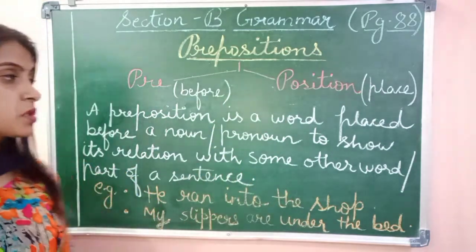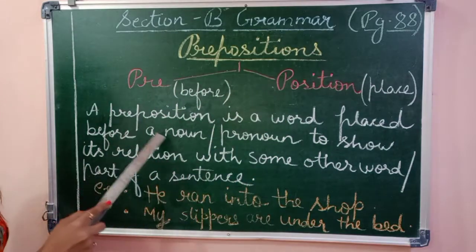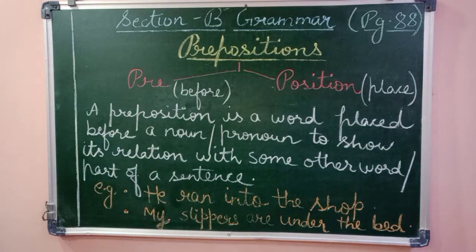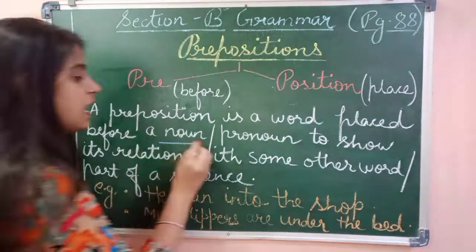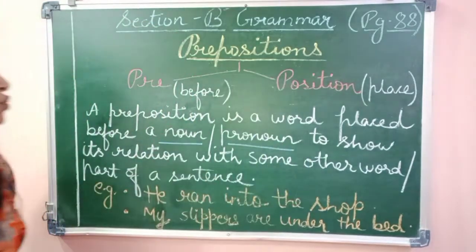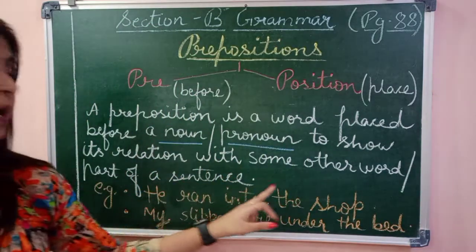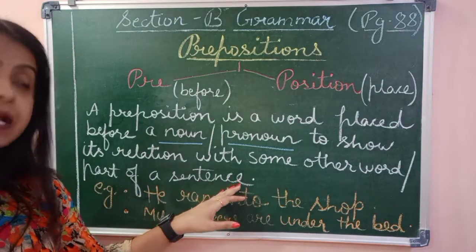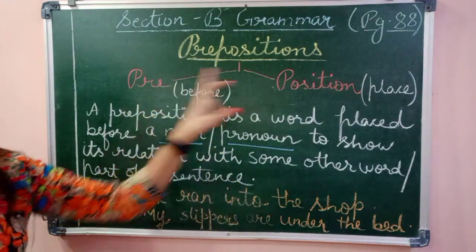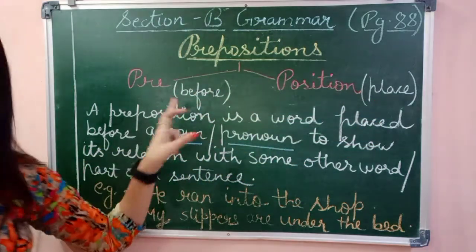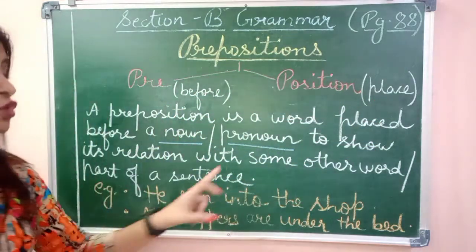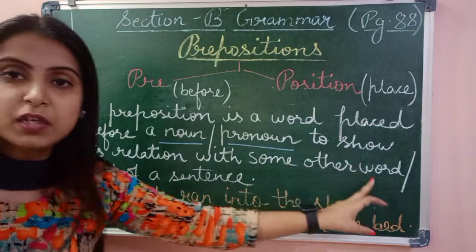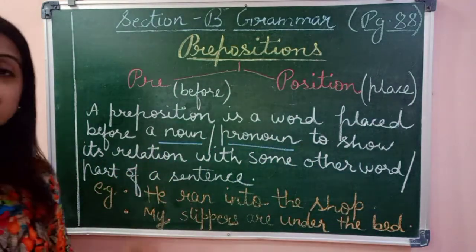A preposition is a word placed before a noun or a pronoun to show its relation with some other word or part of a sentence, right? A preposition is a word that is placed before a noun or pronoun to show its relation with some other word or part of a sentence.